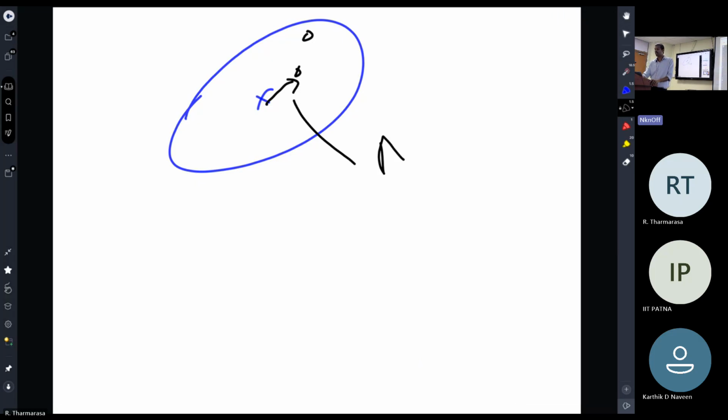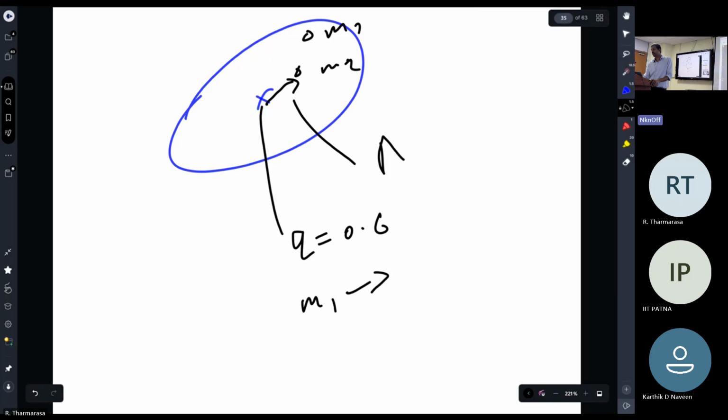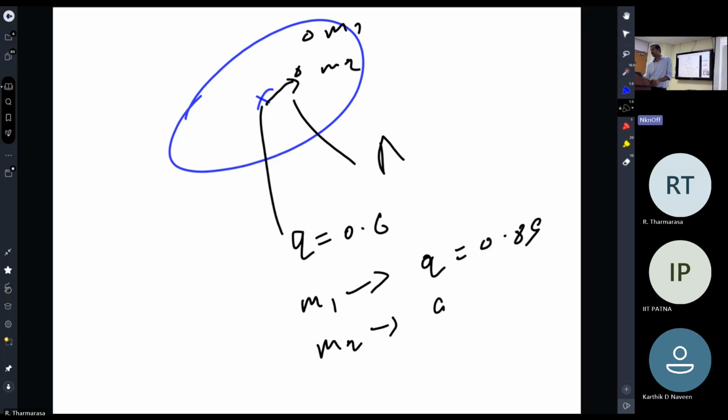So if the predicted quality is 0.6 and you associate M1 or M2, maybe if you associate with M1, the quality might go to 0.89. If it is M2, then the quality could be 0.93. How close it is to your target also affects the quality.